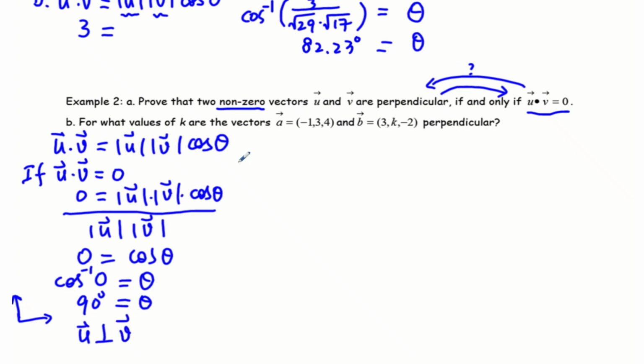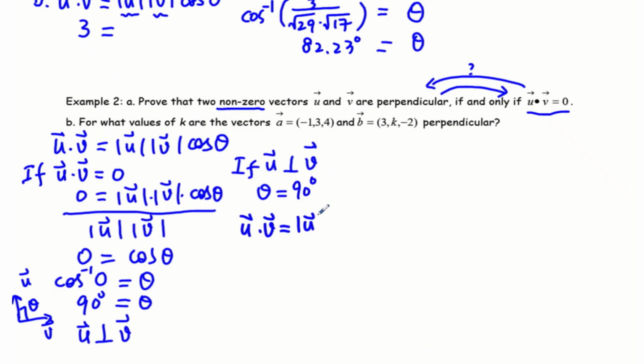This is true. Then second one, if u perpendicular to v, then we know the angle between the two vectors, theta, is 90 degrees. Then we sub in u dot v equals magnitude u times magnitude v, absolute value means magnitude, cosine 90 degrees.